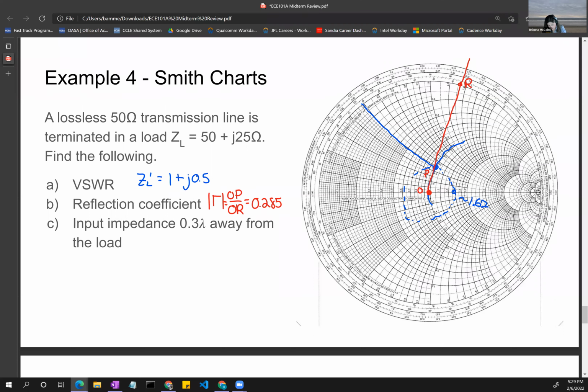We can see that it's going to be about 0.58 and an imaginary portion that's going to be about 0.37, because that's where we're intersecting this blue circle here.